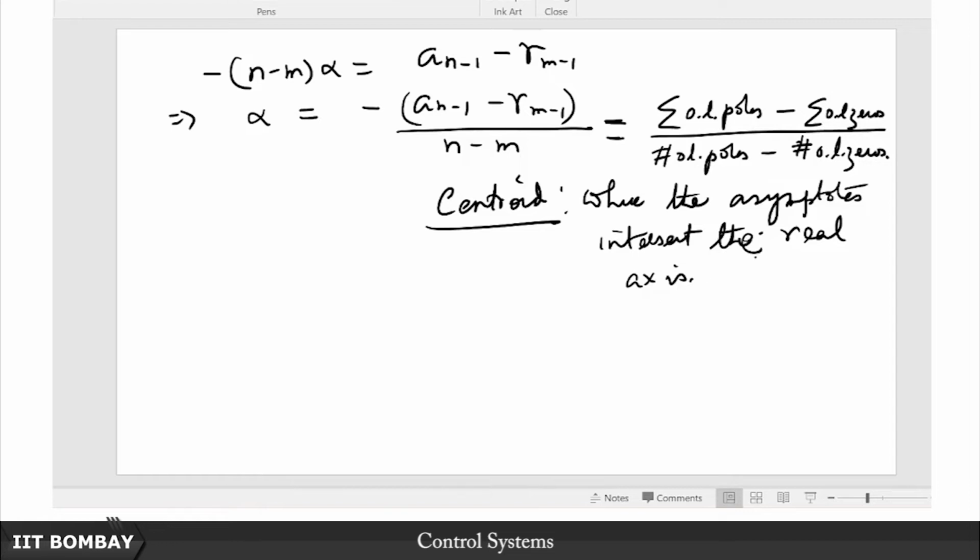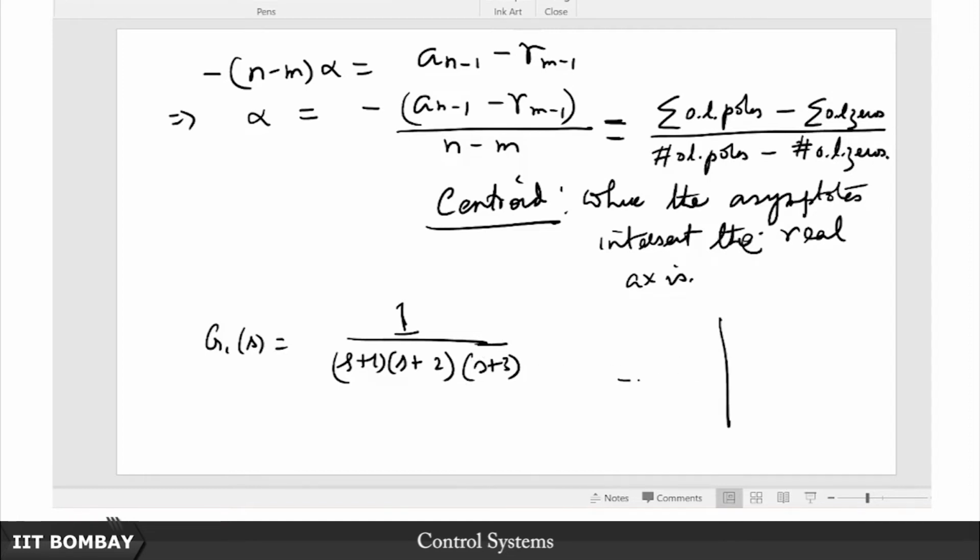Now let's quickly take an example. For example, we have this G_1(s), let's say, is 1 by (s plus 1) times (s plus 2) times (s plus 3). So there are in fact no zeros here and only 3 poles. So what are my pole locations here?